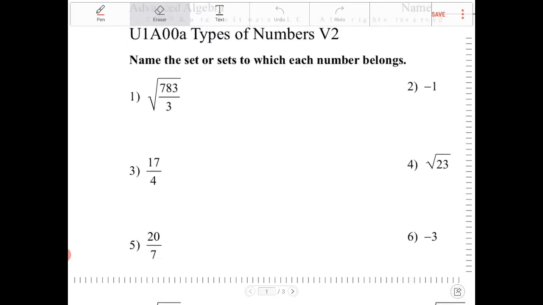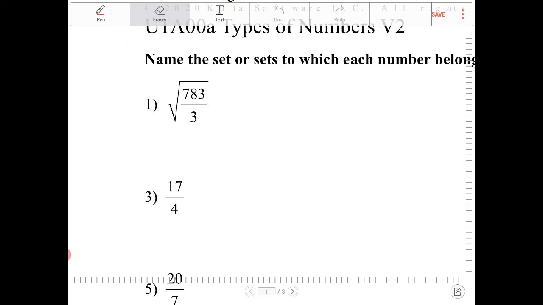All right, so I'm going to go through some of the odd questions here. Square root of 783 over 3. Let's see if this can be reduced. 783 over 3 turns into 261, so this is the square root of 261. Can 261 be reduced any further?